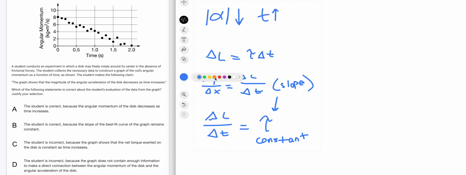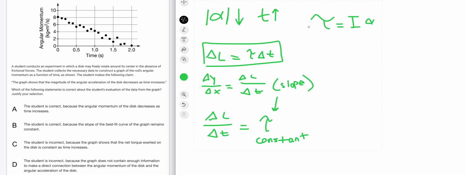Is there any other equation that we know that relates torque and alpha? Hopefully, this is on your equation sheet too. You remember the equation, torque is equal to I alpha. Both of these equations I directly took from the AP Physics 1 formula sheet, so that's going to be with you on the exam.